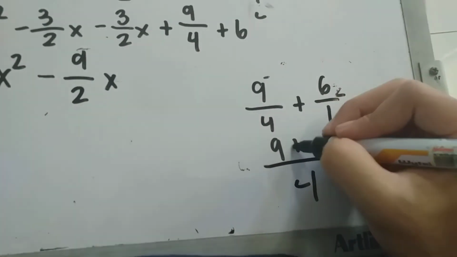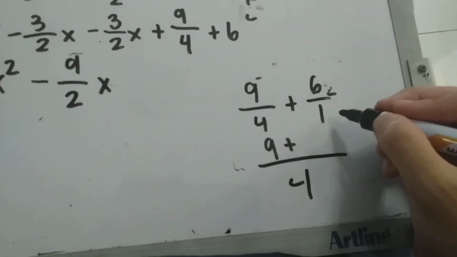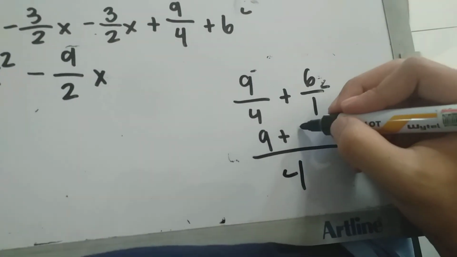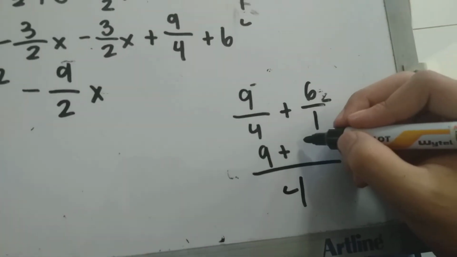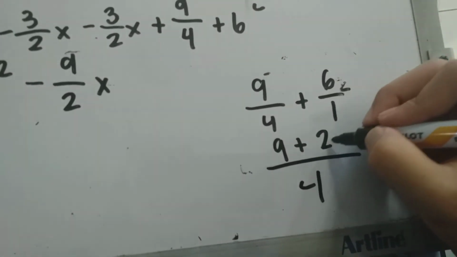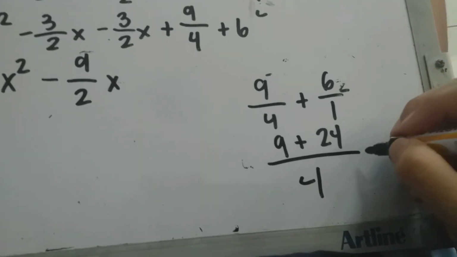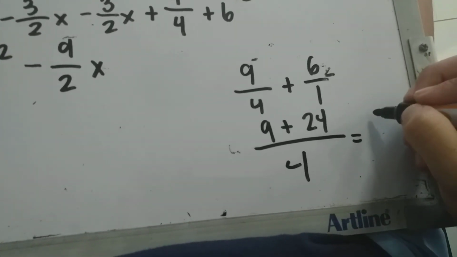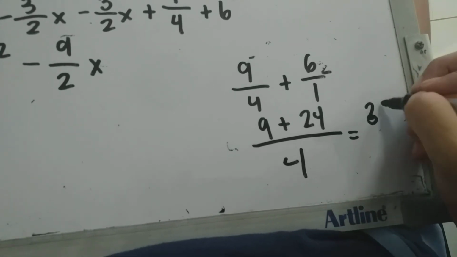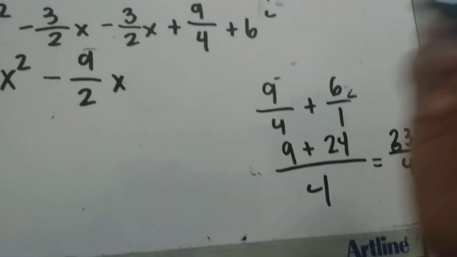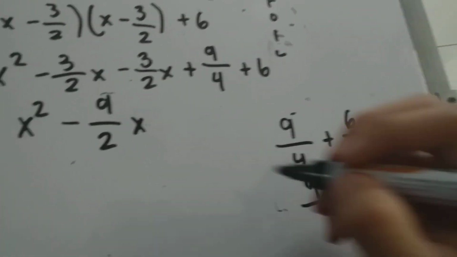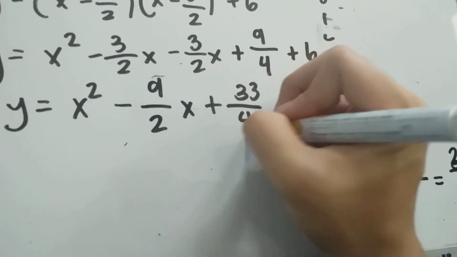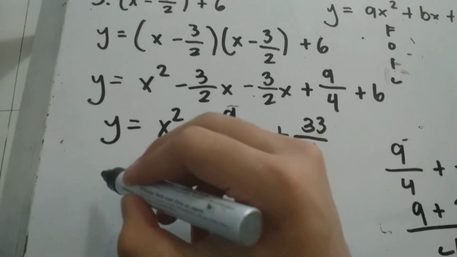Copy the sign, plus 4 divided by 1 is 4, times 6 is 24. You get 9 plus 24, which is 33 over 4. And that will be your constant, 33 over 4. That's the answer right there.